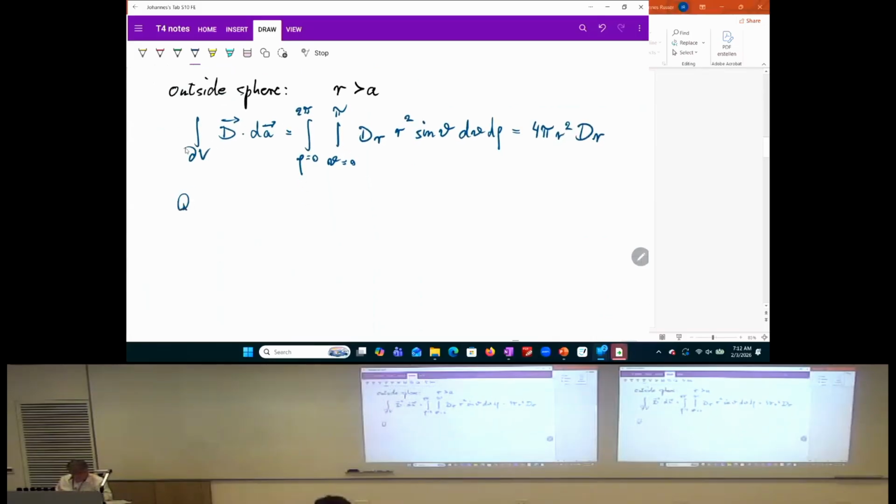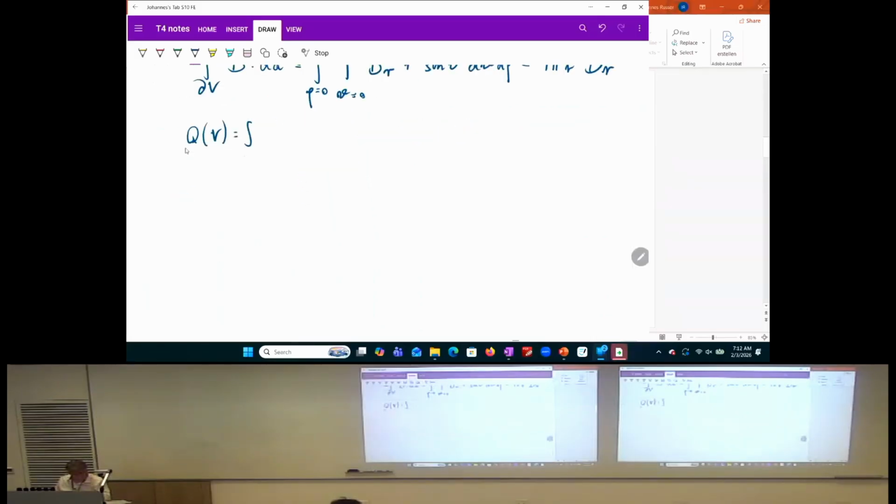Our Q is obtained by taking the volume integral over rho, but the total charge in the sphere is reached at the point where R is equal to A.